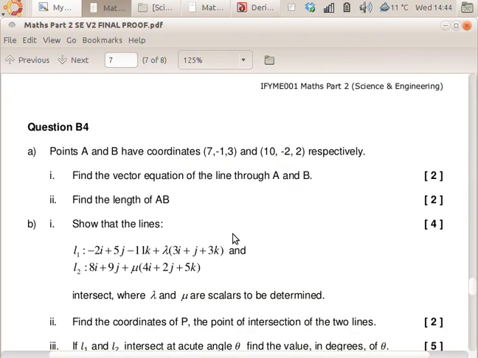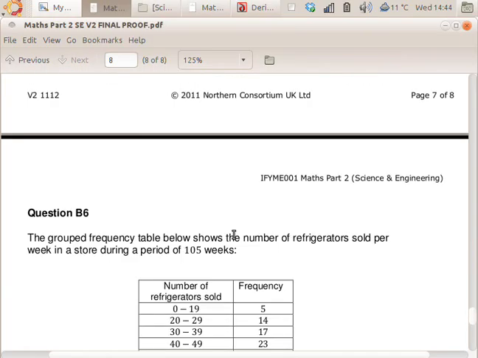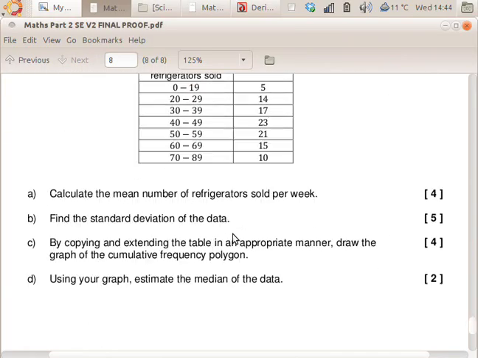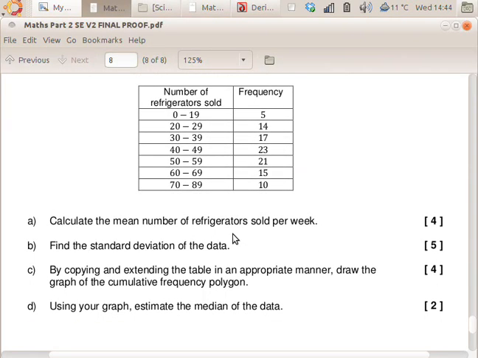The vectors, I don't think I'll have time to do that one. What? You don't like this one? They're easy, it's just they're so tedious. Yeah, well you got 15 or 14 out of 15 by doing this properly. What's this?